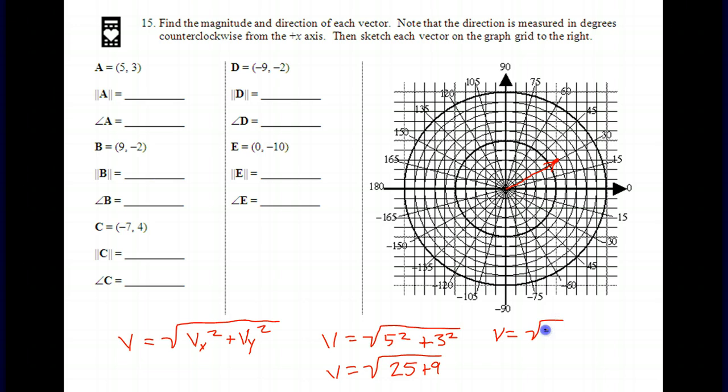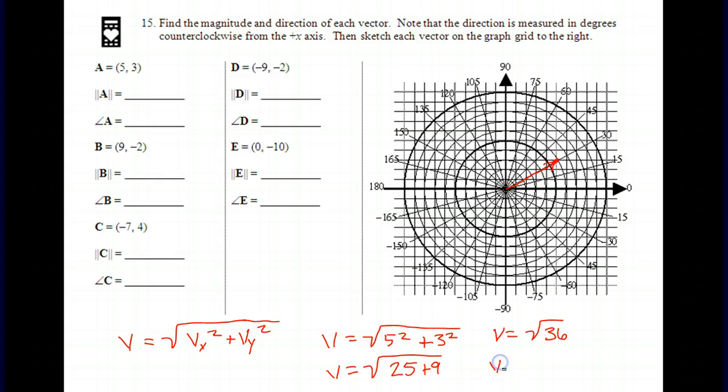So the square root of 36. Is that right? Is that what y'all were doing? Yes. Okay. On that one. Which should be 6. Which should be 6, right?